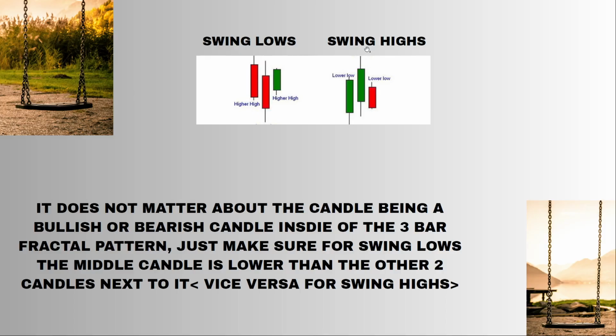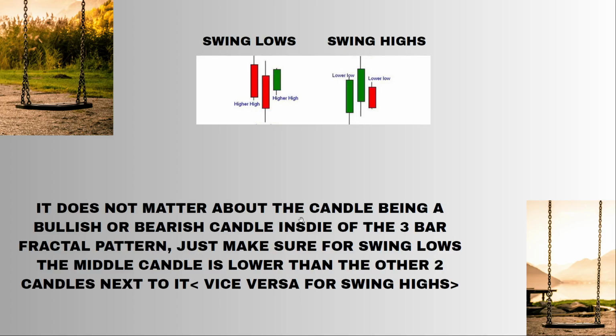Vice versa, we have a swing high, where the candle in the middle has a high, the candle to the right of it has a lower high, and the candle on the left side of the middle candle has a lower high as well. So this becomes a swing high.